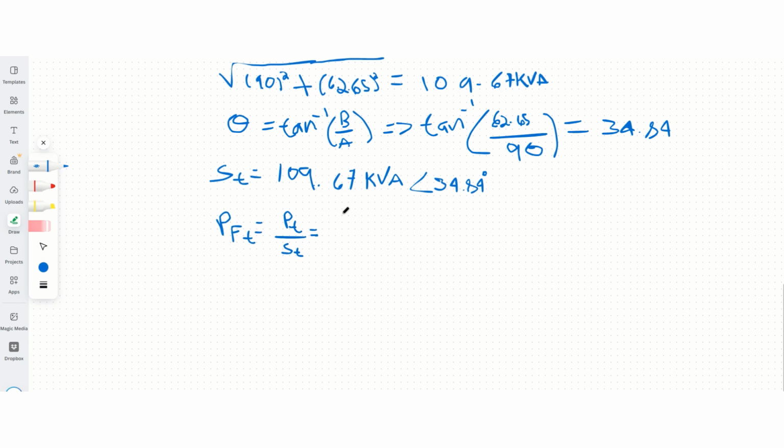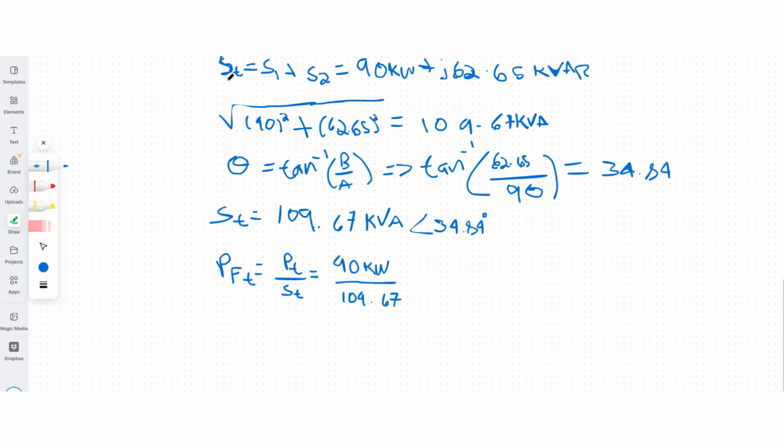The total real power from part one and part two was 90 kilowatts, over the 109.67 kVA total apparent power, and that will give us the overall power factor at the customer end of 0.82 lagging.